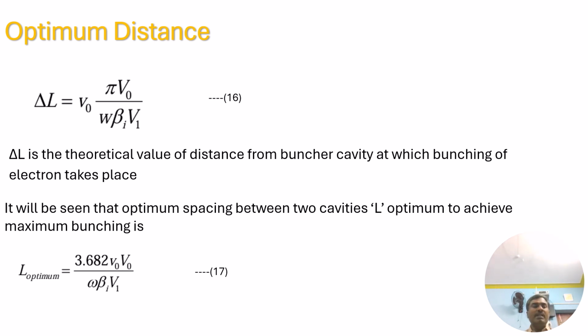From that, del L can be written as lowercase v naught into pi into capital V naught by omega into beta I into V1, where del L is the theoretical value of the distance between the buncher cavity and the point at which the bunch is formed. However, in order to get the maximum bunching, the optimum distance should be L optimum equal to 3.682 lowercase v naught into uppercase V naught by omega into beta into V1.